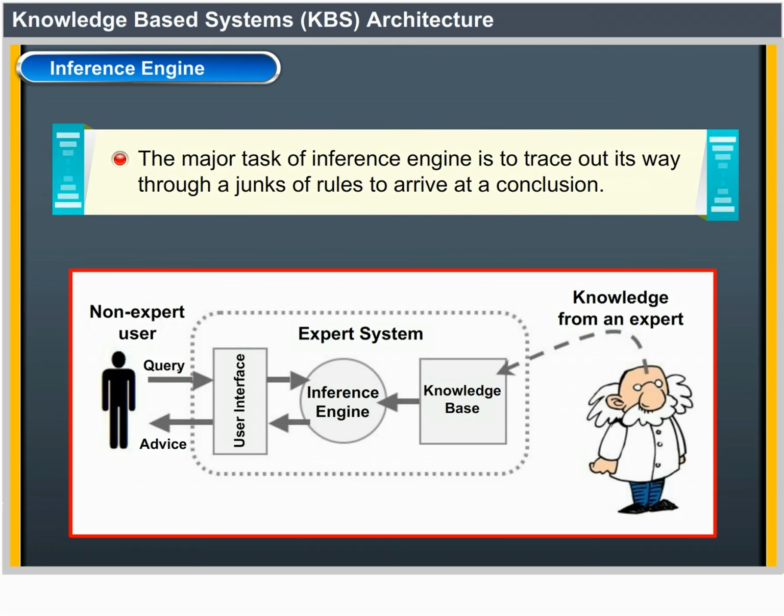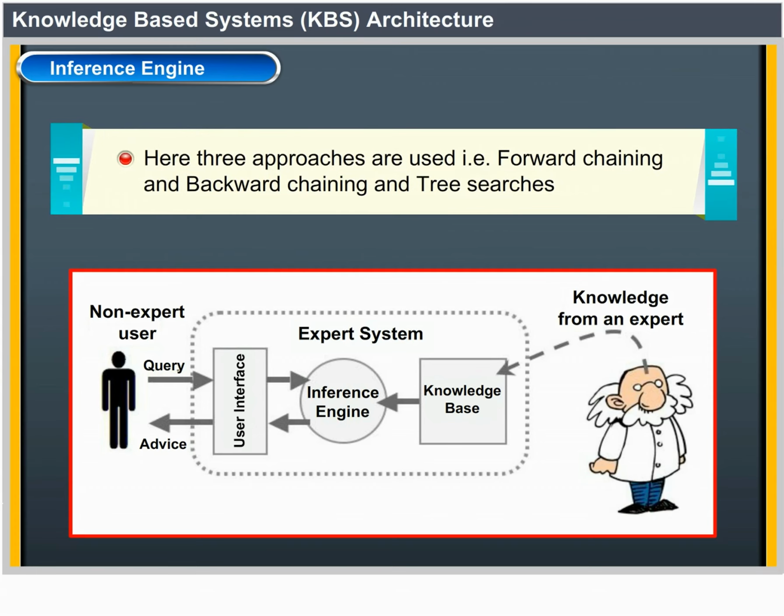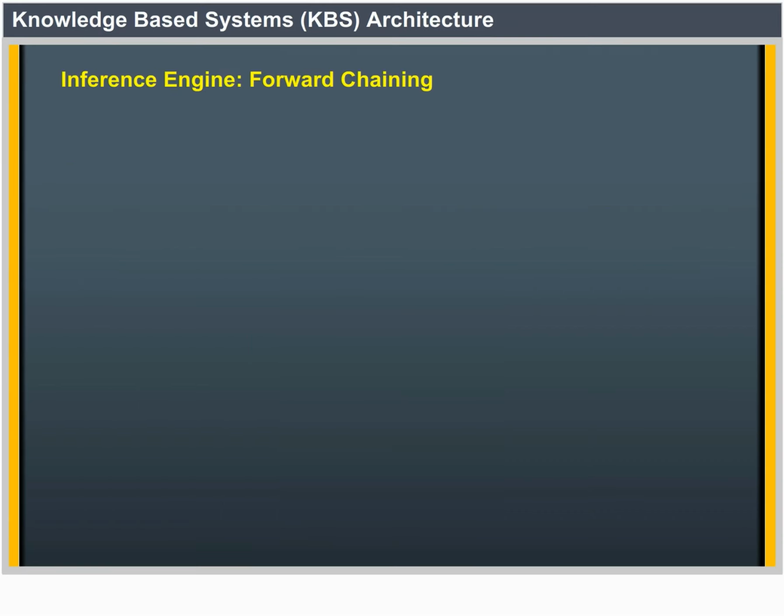The major task of the inference engine is to trace its way through a chunk of rules to arrive at a conclusion. Here, three approaches are used: forward chaining, backward chaining, and tree searches.